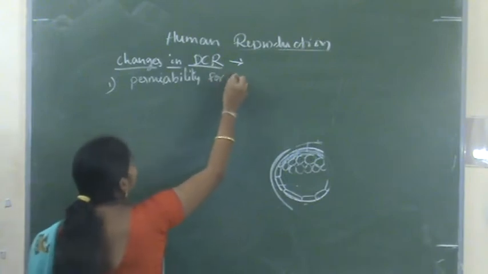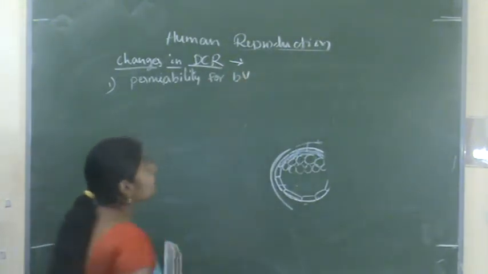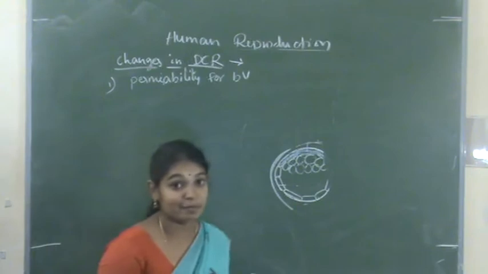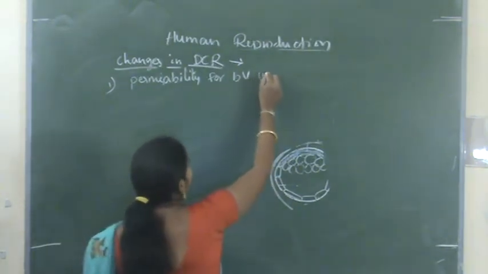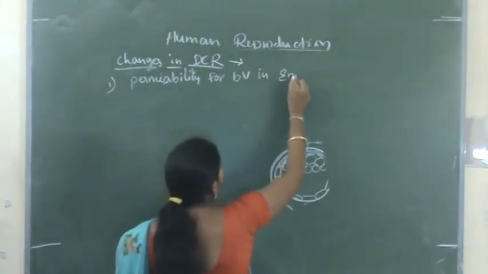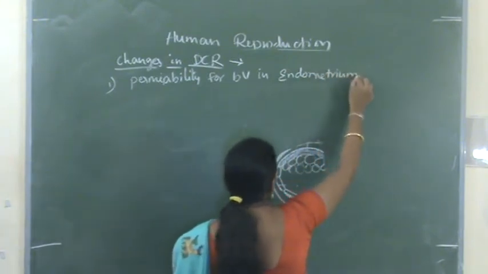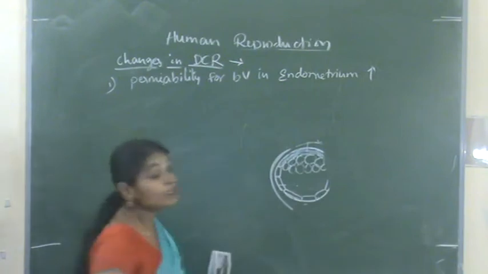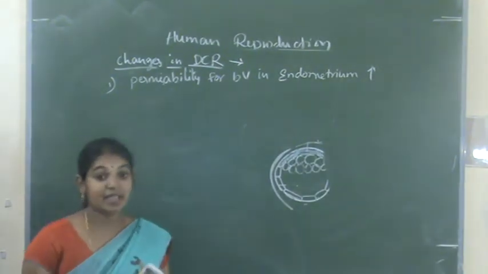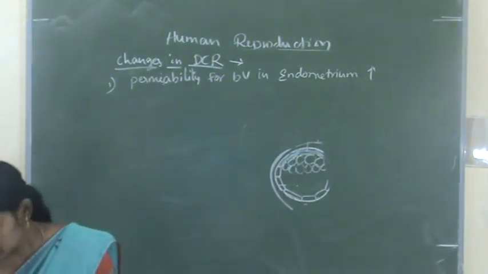For blood vessels, the permeability of blood vessels in the endometrium increases.